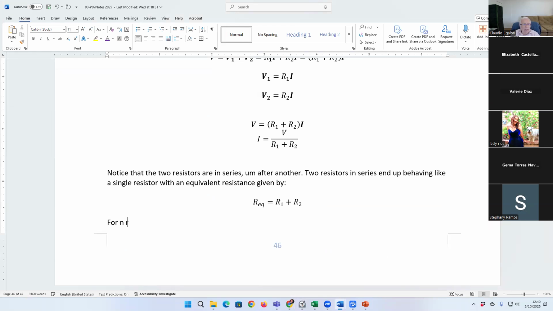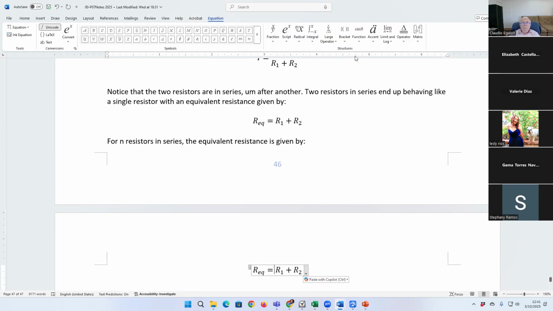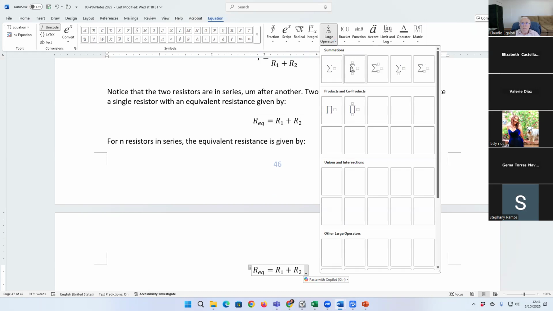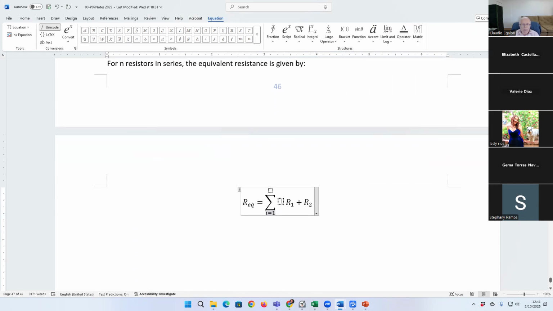For n resistors in series, the equivalent resistance is given by, like that, the sum over i equal to 1 until n of R_i. Like that.